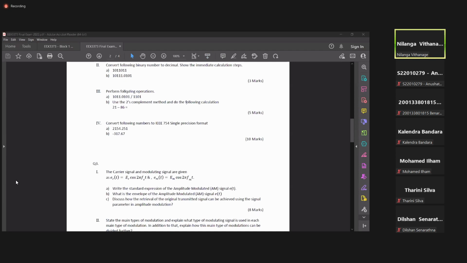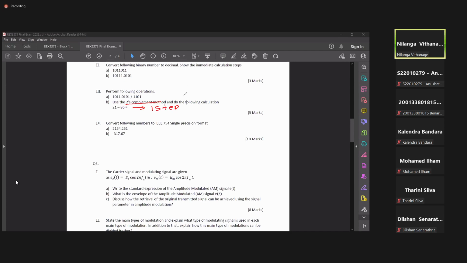Binary method, right? In the binary method, first of all, you have to convert. There are 5 steps to calculate using the 2's complement method. First step is you have to convert these values into binary.